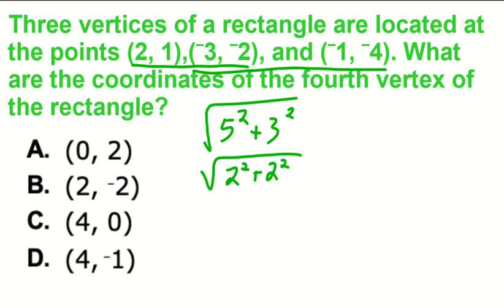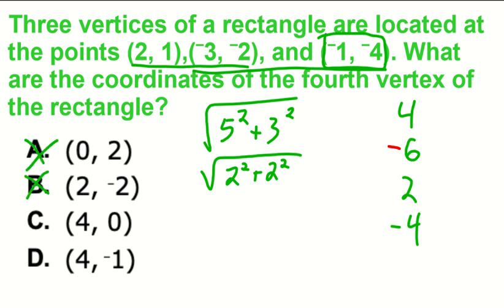What's the next one have to be? 5 and 3. So we're looking for something 5 and 3 away from those numbers, okay? So if I look at the x values, 5 away could be 4, could be -6. 3 away could be 2, could be -4.